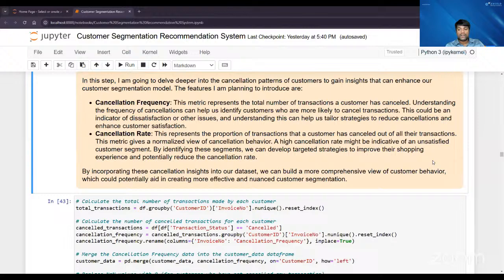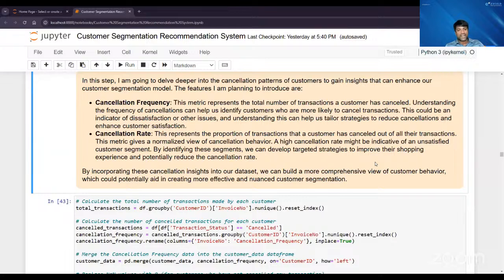Here, what we're trying to understand is the cancellation frequency of a certain customer and the cancellation rate. That is, what proportion of cancellations the person is making. If a person is canceling products more often than not, that means he's a dissatisfied customer.